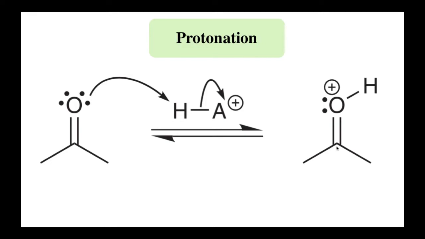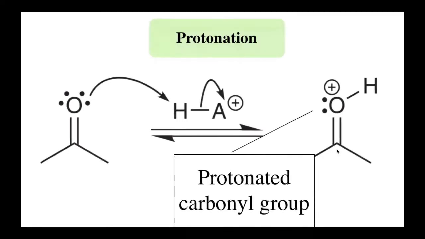Therefore, students, we saw that by protonating our carbonyl group, I made my whole structure more electrophilic, because the oxygen, now being a positive oxygen, will pull the electrons even more harshly toward itself in order to eliminate that formal charge, making our carbon atom way more electropositive, making this center way more electrophilic. So this is a protonated carbonyl group.